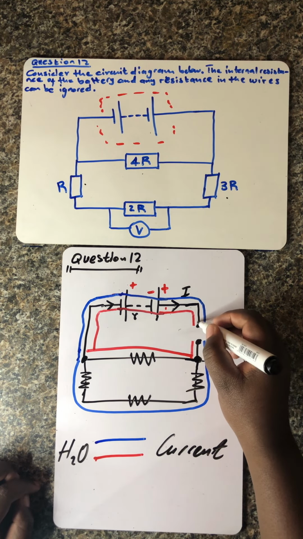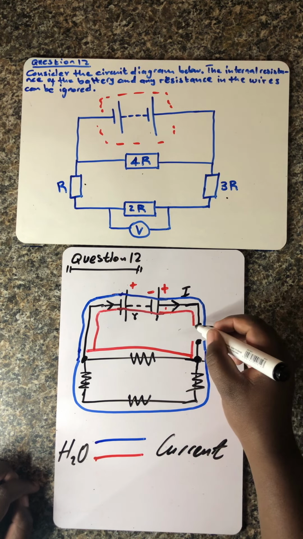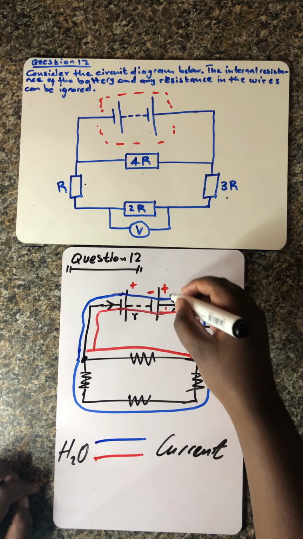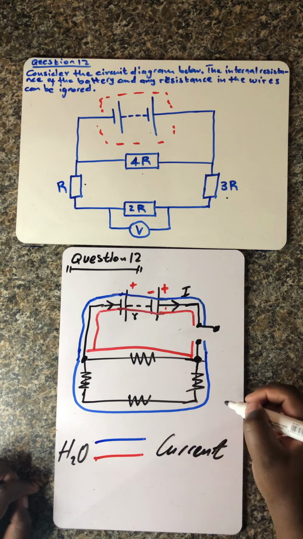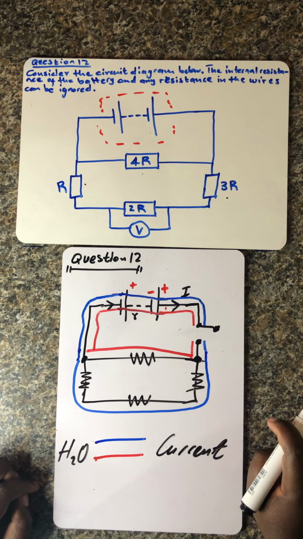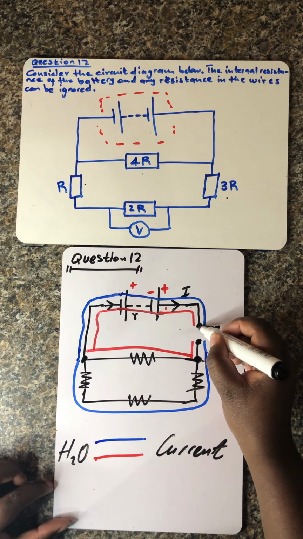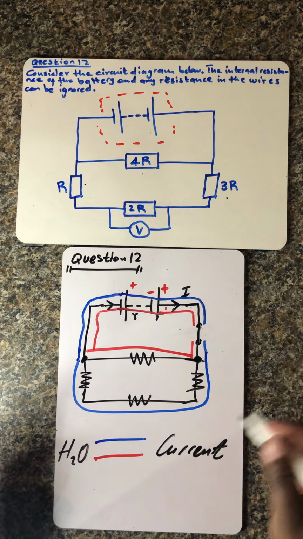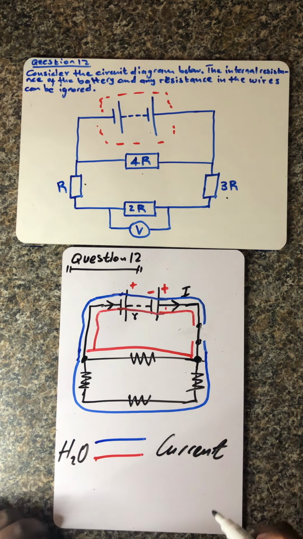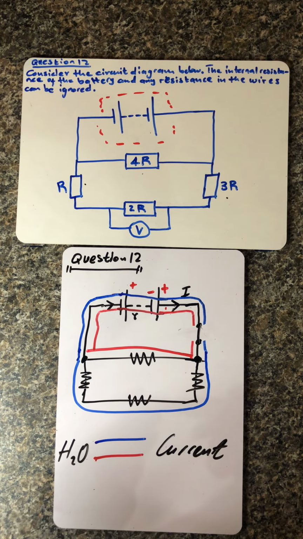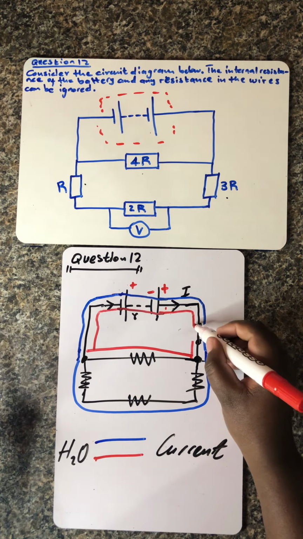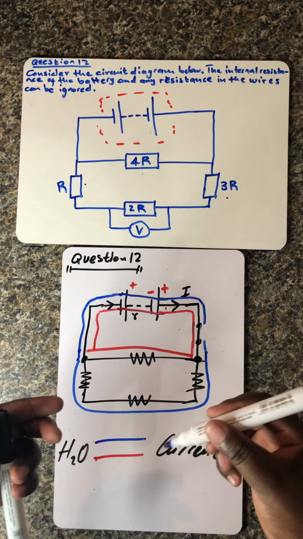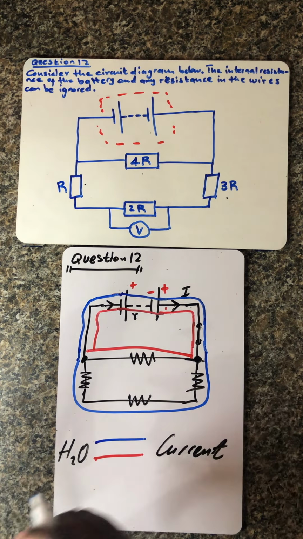When you turn it off, you're disconnecting. That's why when you disconnect, there's no current flowing, which means the light won't glow. In this case, the switch is closed. So we have a switch being either closed or open. Ladies and gentlemen, it's very, very much important that you also understand that we've got something called a switch.